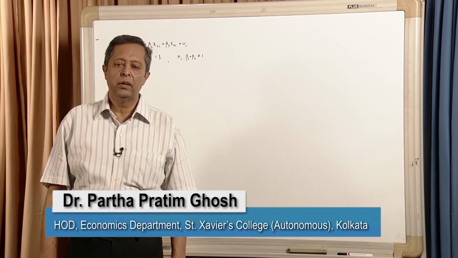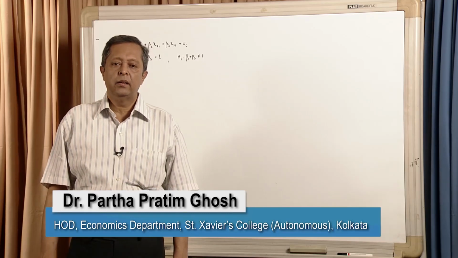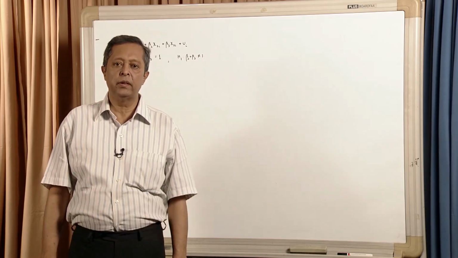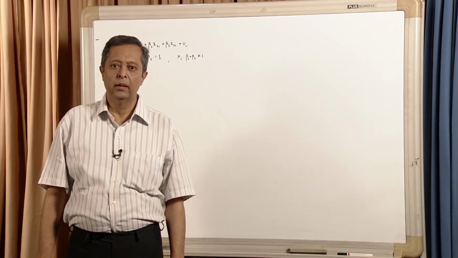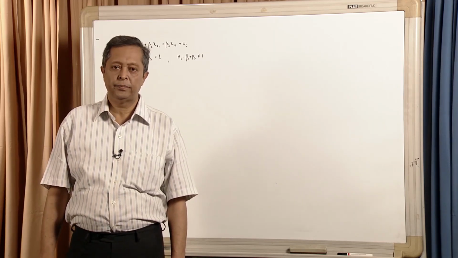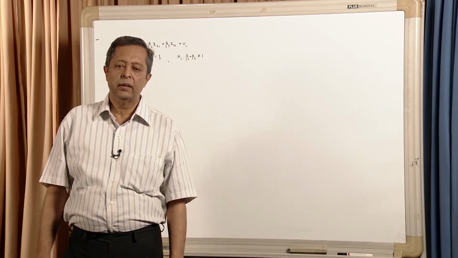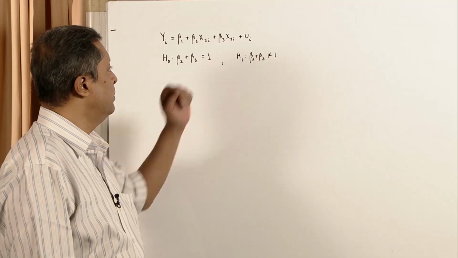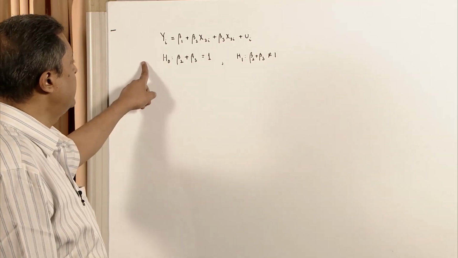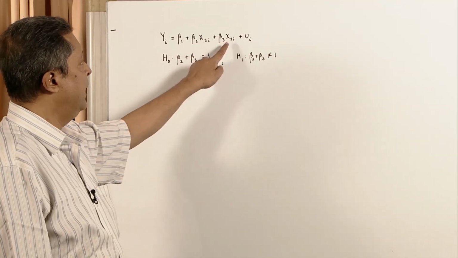This module will deal with testing of several coefficients of the multiple linear regression model in a joint manner. To begin with, as earlier, we consider the 3 variable model y_i regressed on x_2i and x_3i.